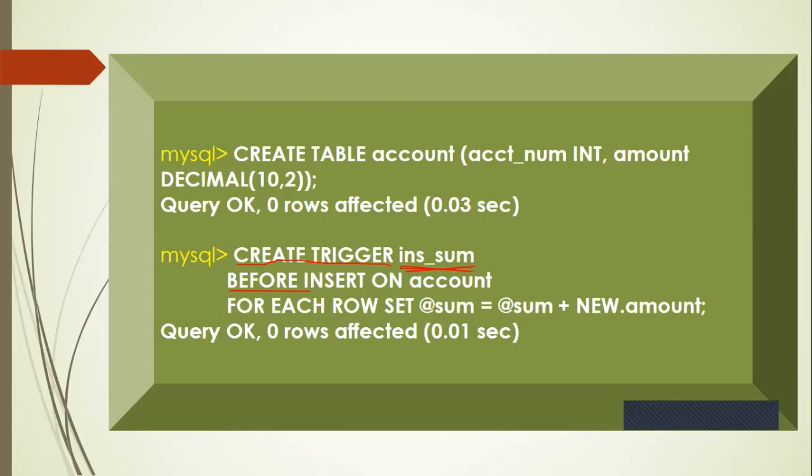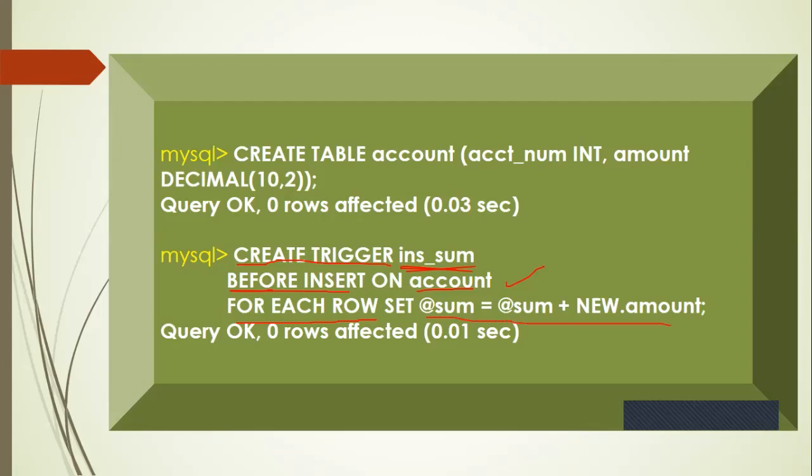What this statement means is that whenever you try to insert a row, because the next line is for each row, into the table account, it triggers before inserting, because the condition is before insert. So before inserting a row in the table account, it triggers to add this sum.